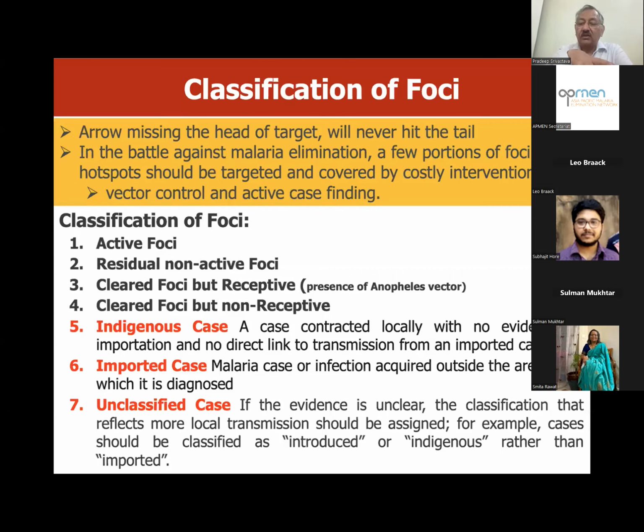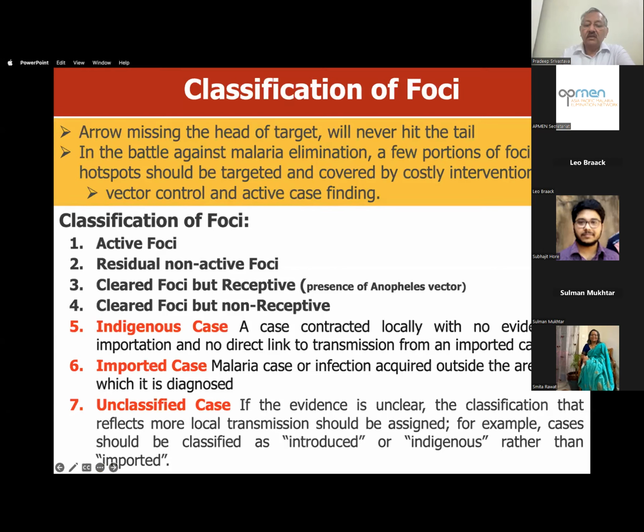But if you read the surveillance monitoring tool guidelines thoroughly, at one place it says that, and that is why I have given this quote here: if the evidence is unclear, the classification that reflects more local transmission should be assigned. This is very, very important.